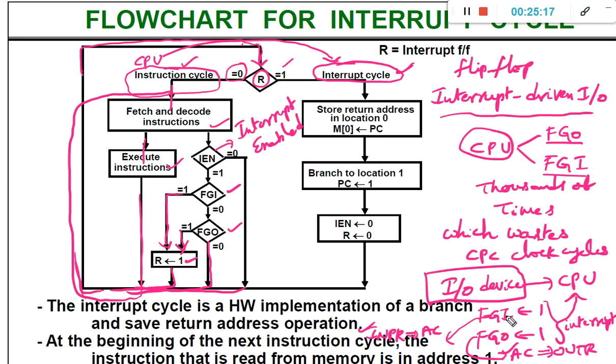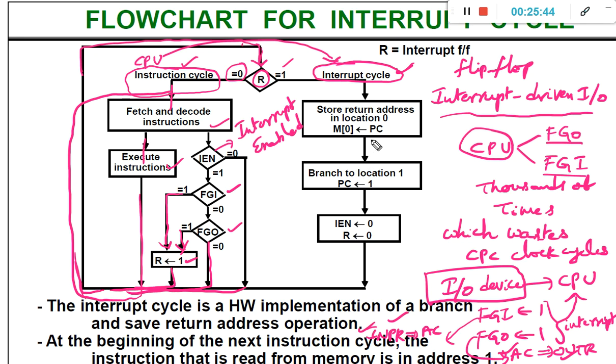If FGI is assigned to 1, the input operation is to transfer the content of INPR to the accumulator register. If FGO is assigned to 1, then what is the output operation? The output operation is to transfer the content of the accumulator register to the outer. Okay, so these are the input output operations. Those operations now should be carried out by the CPU.